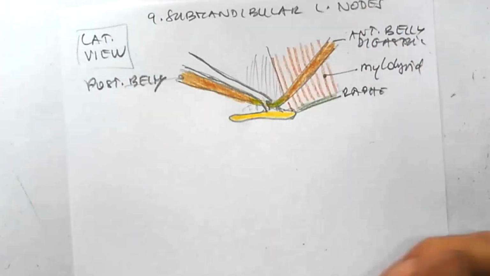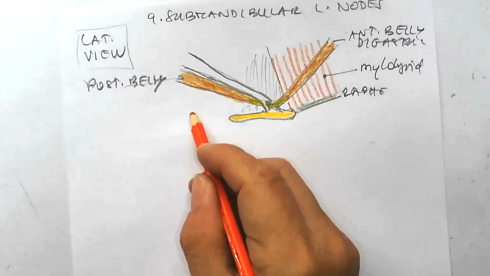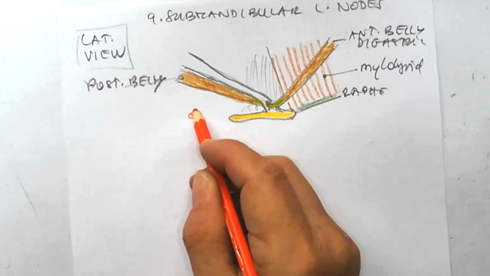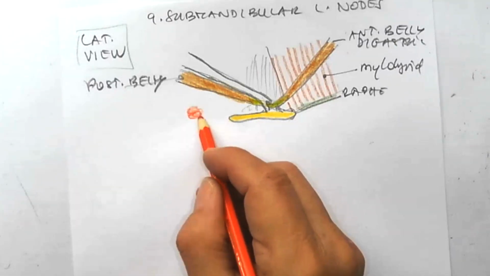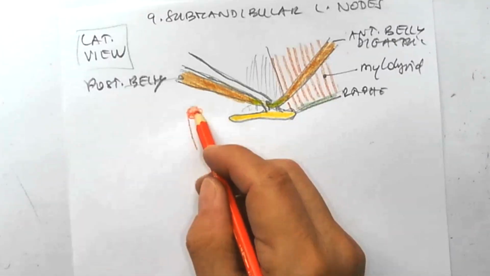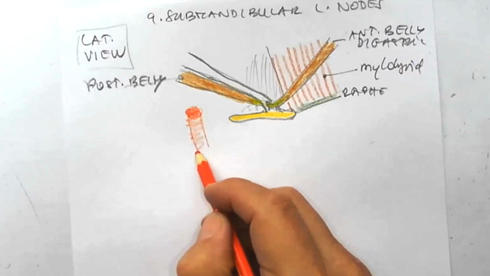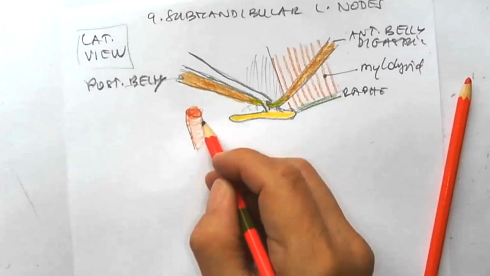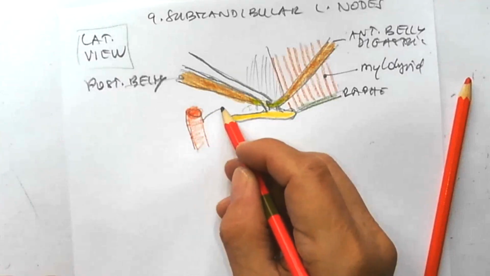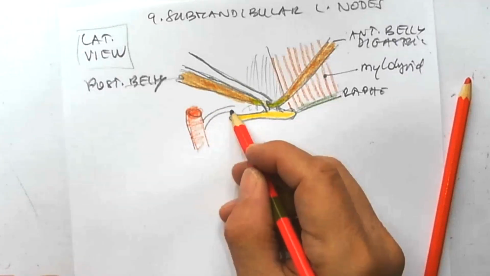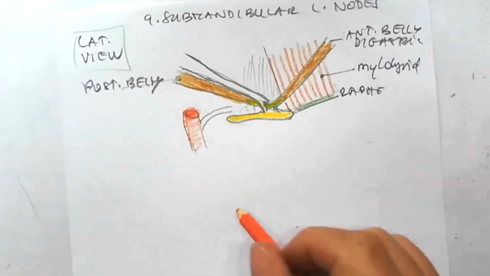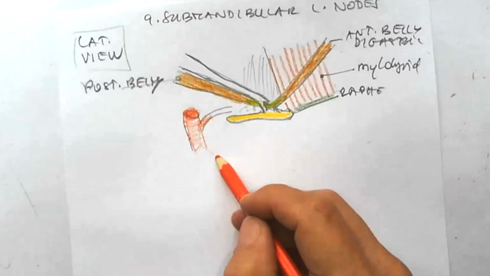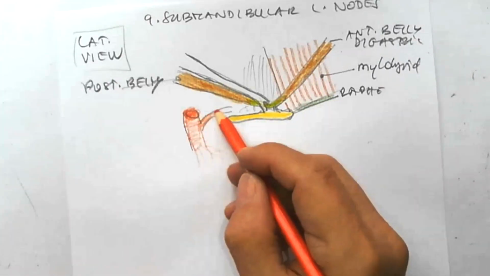Okay, and then look at the position of the artery. So here I'm drawing the external carotid. This is what we see, external carotid, like that. And then the lingual artery, which ascends from the artery, the other branches.